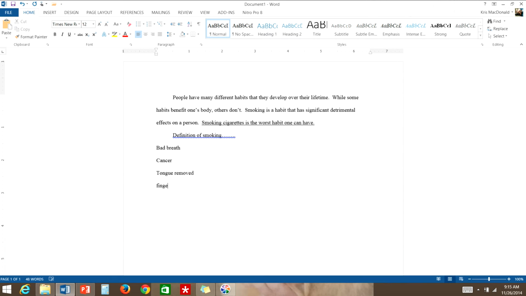What else? Your fingers get yellow. Secondhand smoke. Respiratory disease. Spelled that wrong. COPD, which is a kind of respiratory disease. Breathing problems. Wheezing. Sleeping issues.